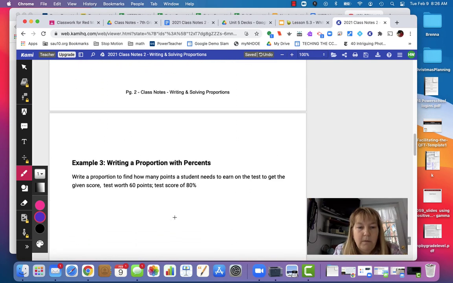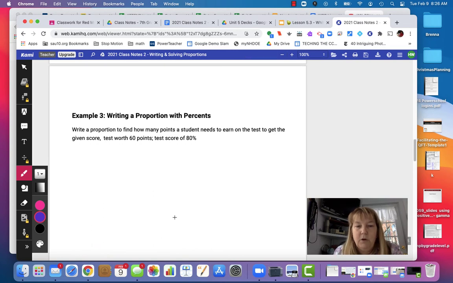All right, writing a proportion with percents. It says write a proportion to find out how many points a student needs to earn on the test to get a given score, where the test is worth 60 points and the score is 80%. Remember, we can rewrite 80% as 80 over 100. Well, there's half of our ratio, or half of our proportion. Here's one ratio. So it's 80%, and 100 is your total percent.